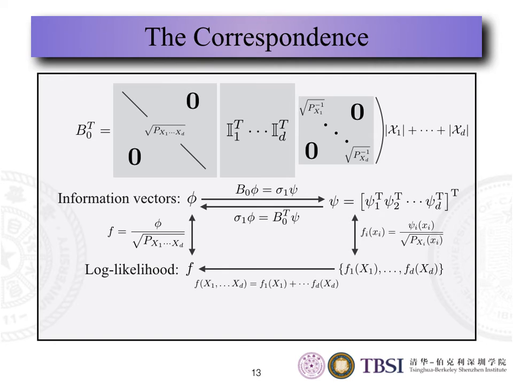In fact, if we denote psi as the largest right singular vector of the matrix B0, and we divide this vector psi into subvectors psi_1 to psi_d, where each subvector psi_i is a |Xi| dimensional vector, then it can be shown from the projection structure of B0 that the optimal function f of x1 to xd corresponding to the largest right singular vector psi is precisely the sum of the functions f1 to fd, where each function f_i is the log likelihood function corresponding to the vector psi_i.